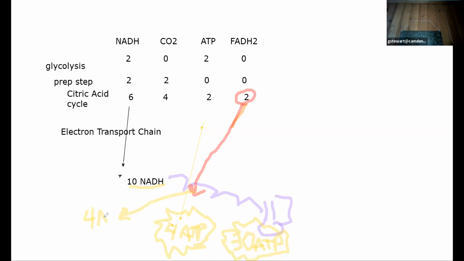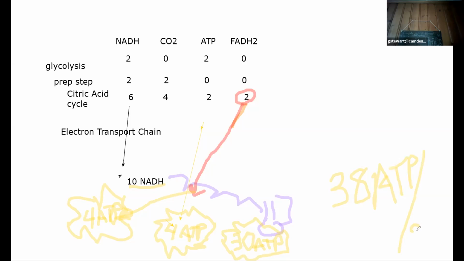4 more ATP. I'll say that again because FADH2 provides enough potential energy to make 2 ATP from the electron transport chain and chemiosmotic coupling. And I have 2 of them, so 2 times 2 is 4. And when I add these up, 30 plus 4 plus 4, that gives me the big grand total of 38 total ATP from 1 glucose.